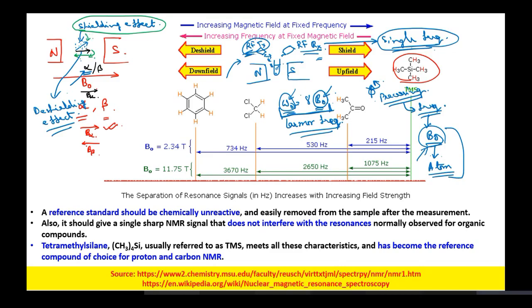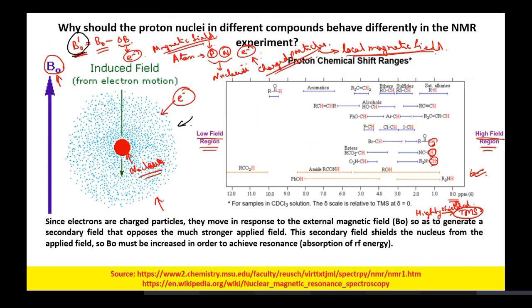Now, how will you negate this shielding effect? If you go to the previous slide, over here we have said that this is B0 minus delta B, and this minus delta B is due to the electron, and we have to negate this. But can you negate this? It is not possible. The reason being, the electrons are an integral part of the atom, so we cannot remove those electrons from the system.